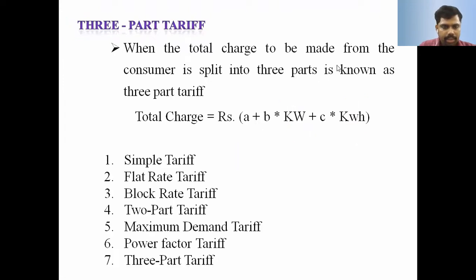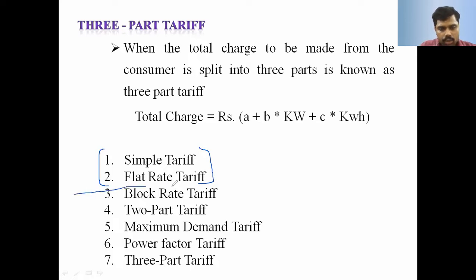For summary, today we discussed the types of tariff. It is classified into 7 types: simple tariff, flat rate tariff, block rate, two-part, maximum demand, power factor, and three-part tariff. Simple and flat rate tariffs are applicable for domestic purpose, irrigation, municipal load, and agriculture.